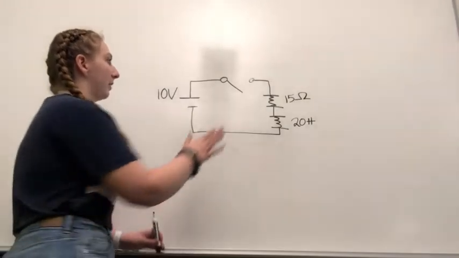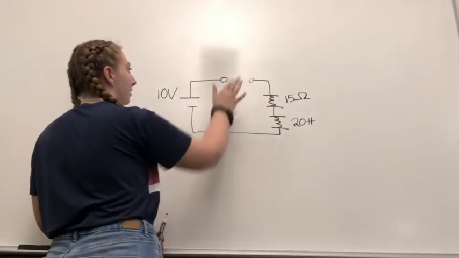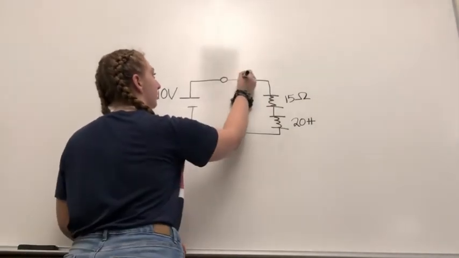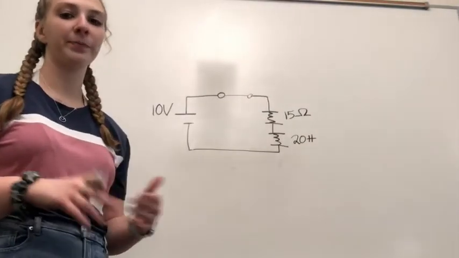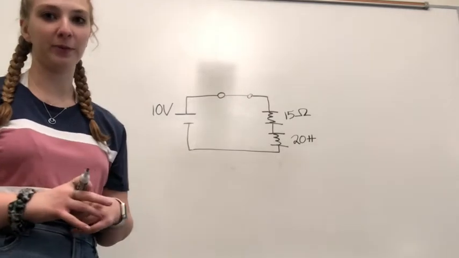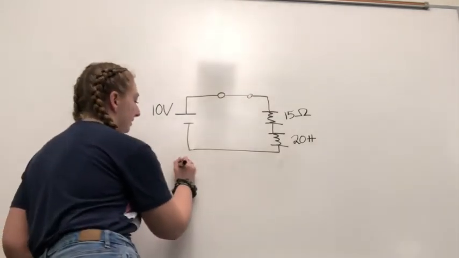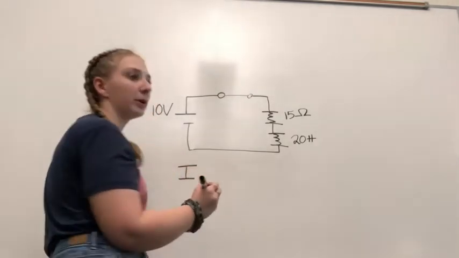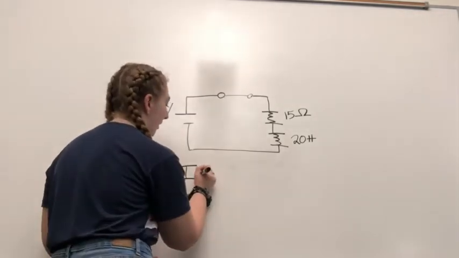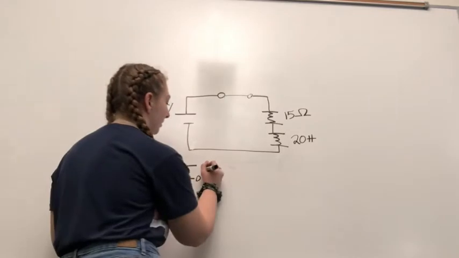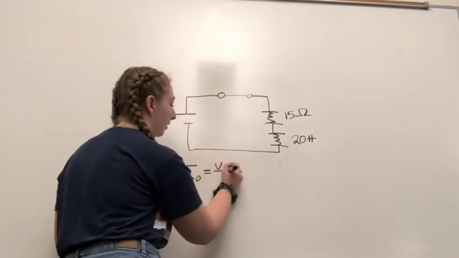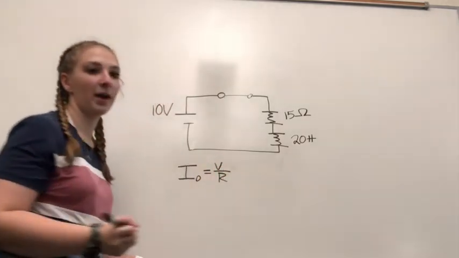So basically, we're going to start by changing our switch to closed. We need to find what our maximum current would be, which, as I said earlier, can be denoted by I naught. Now, I naught is going to equal V over R.